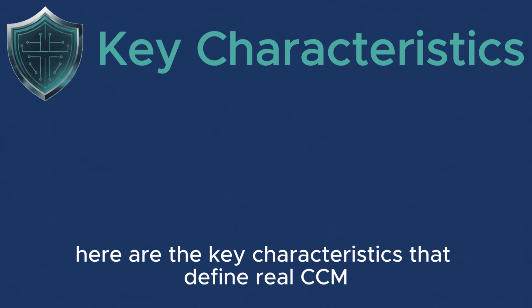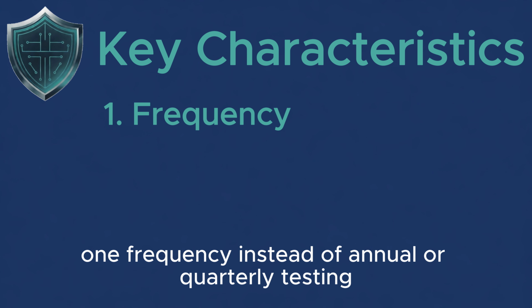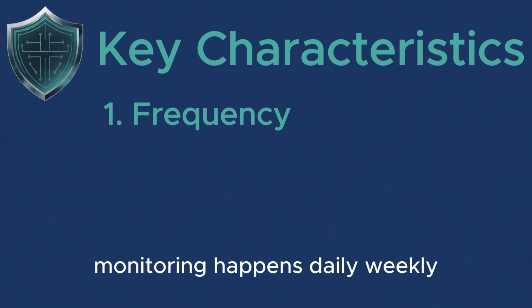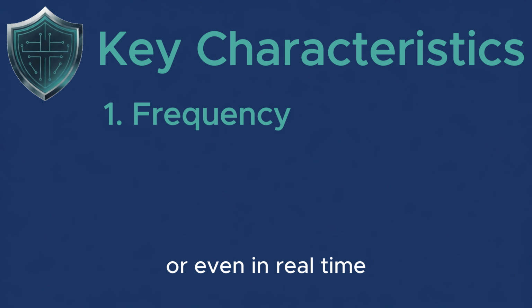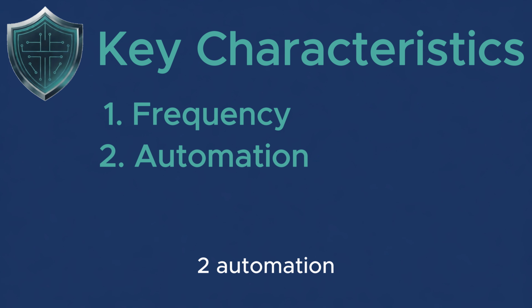Here are the key characteristics that define real CCM in 2026. 1. Frequency. Instead of annual or quarterly testing, monitoring happens daily, weekly, or even in real time. 2. Automation.